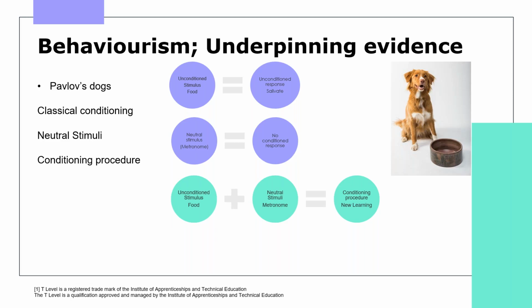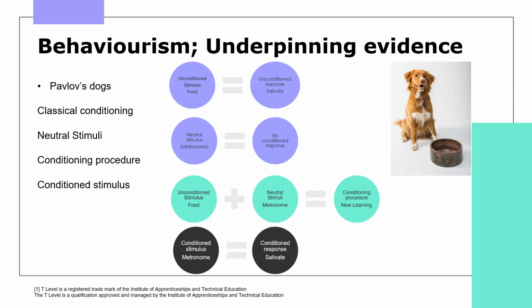By pairing the sound of the metronome with the presentation of food, Pavlov was able to condition the dogs to salivate at the sound of the metronome. This was because the dogs had learned to associate the sound of the metronome with the presentation of food and would salivate in anticipation of being fed.